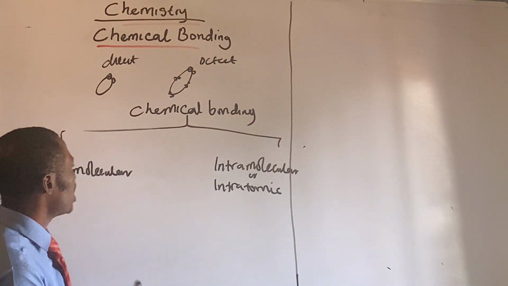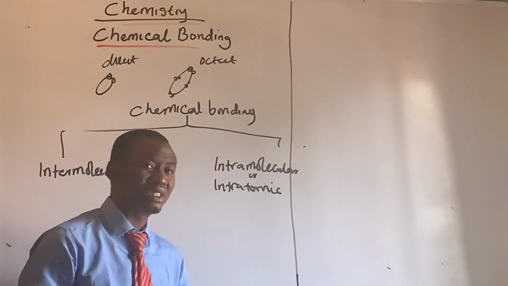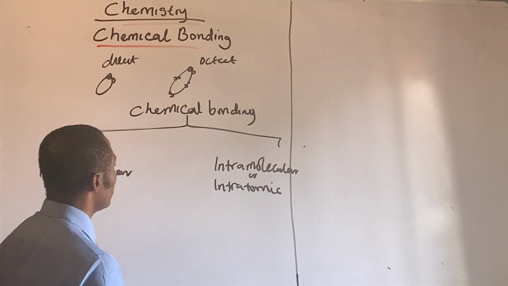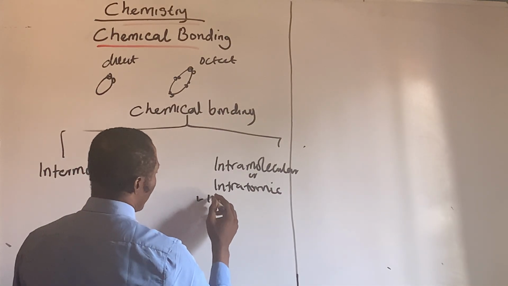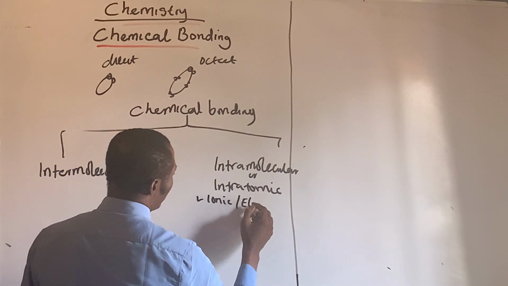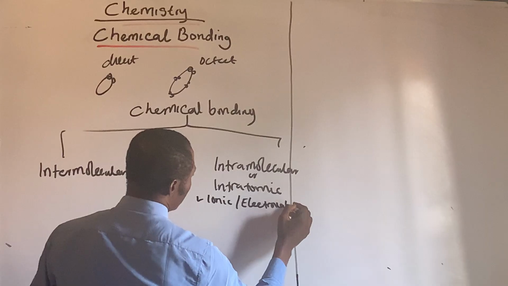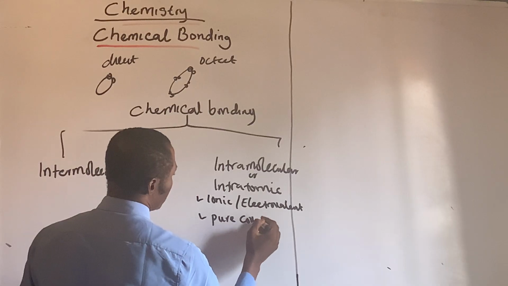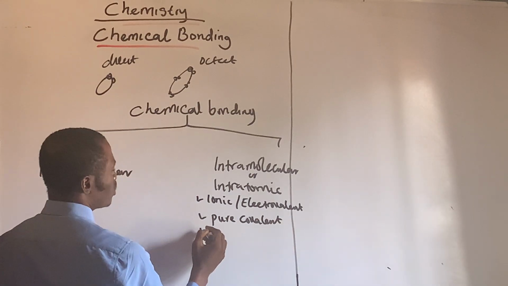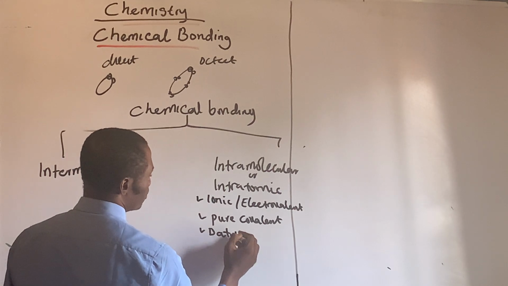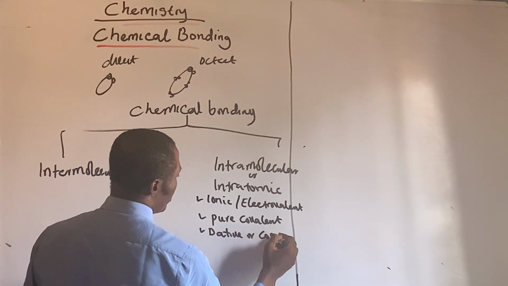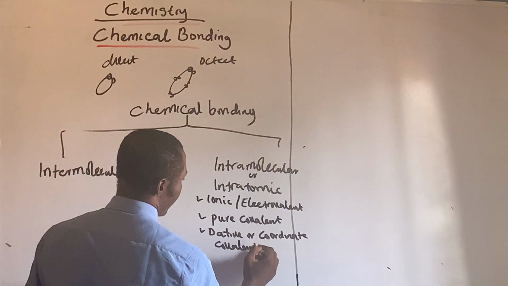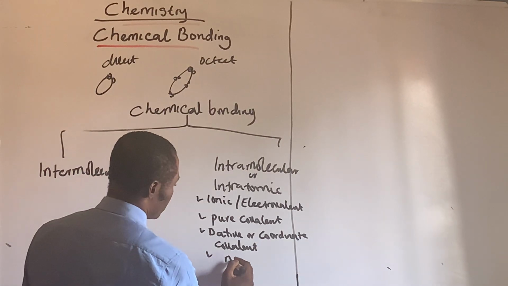Under the intramolecular forces, the list is: one, ionic force or electrovalent bonding; we also have the pure covalent bonding; we also have the dative or coordinate covalent bonding; and then we have the metallic bond.